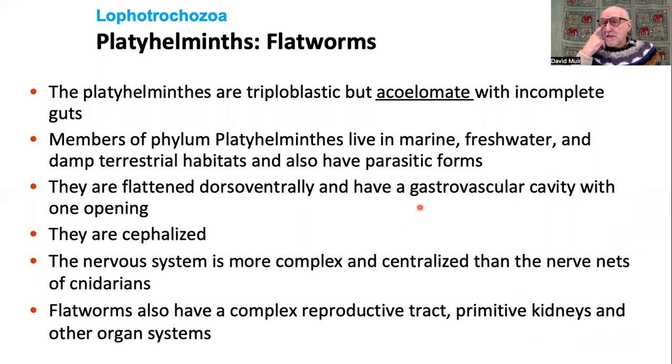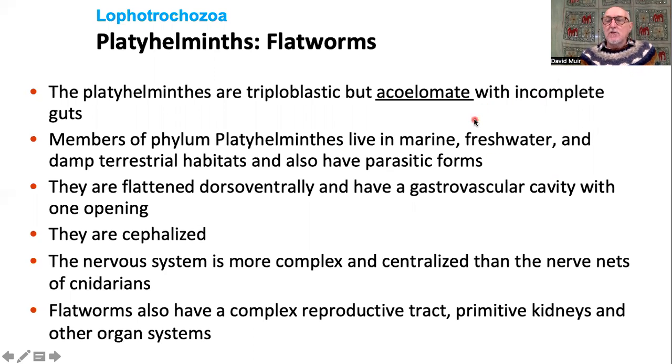So the first group that I want to talk about in the Lophotrochozoa are somewhat simpler than the mollusks and the annelids. And this is a group called the Platyhelminthes. Platyhelminth literally means flat worm. And in common parlance, these are always called the flatworms.